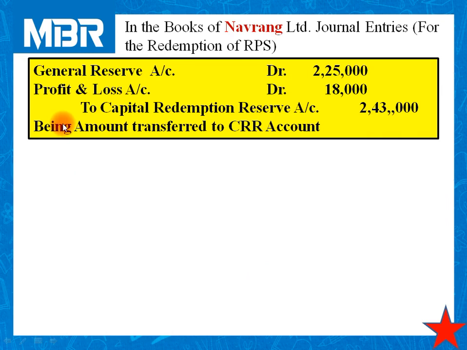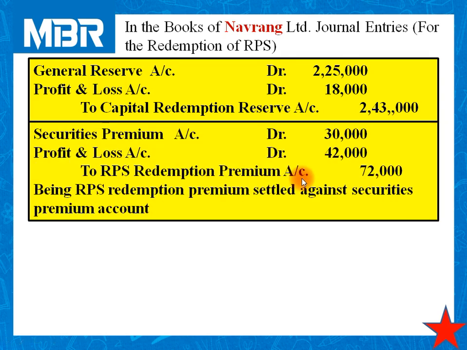General reserve account debited 2,25,000. Profit and loss account debited 1,80,000 to capital redemption reserve account 2,43,000. Amount transferred to CRR account. Adjustment of RPS redemption premium against security premium account and profit and loss account.